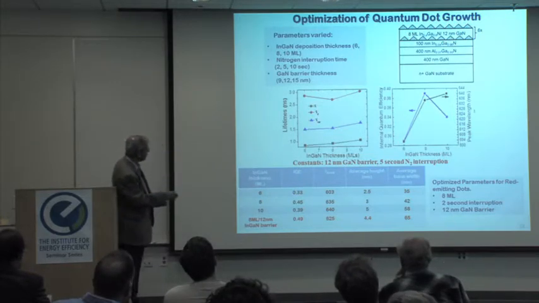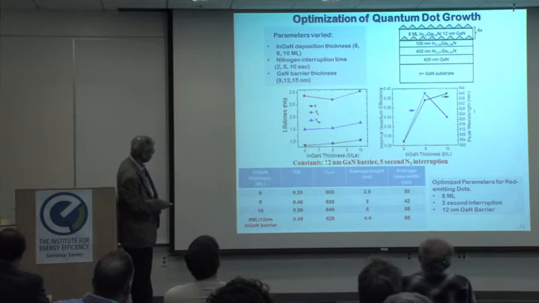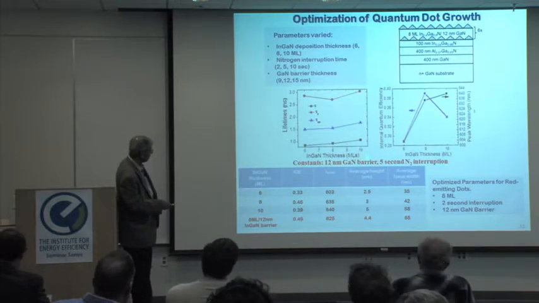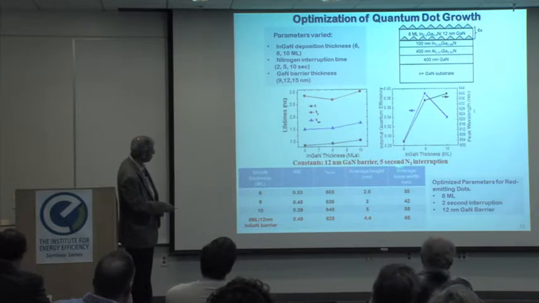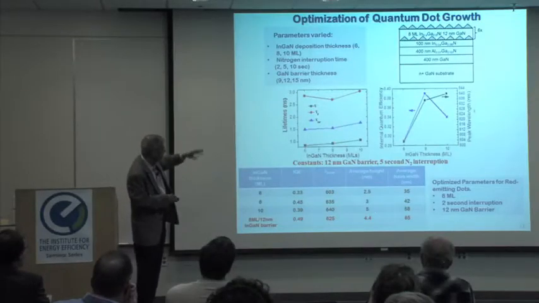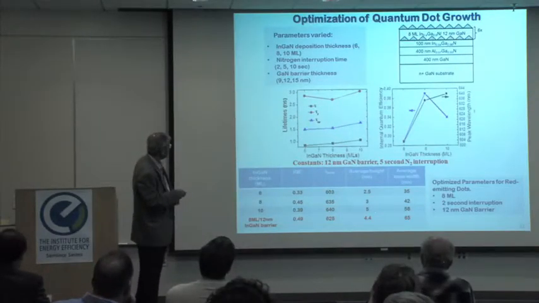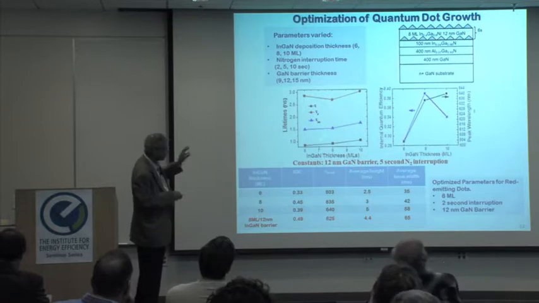So here is just one example where we hold the gallium nitride barrier thickness constant, the interruption time constant, and we vary the InGaN dot charge thickness. We do time resolved and temperature dependent photoluminescence and get a relative idea of the lifetimes from those 2 experiments.